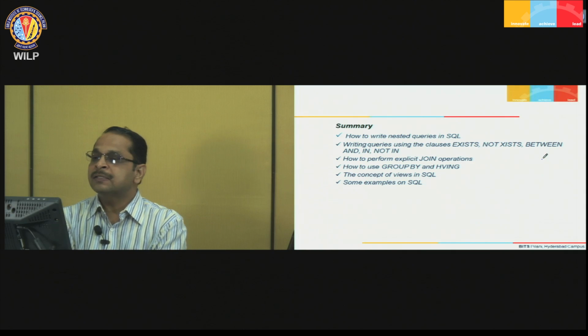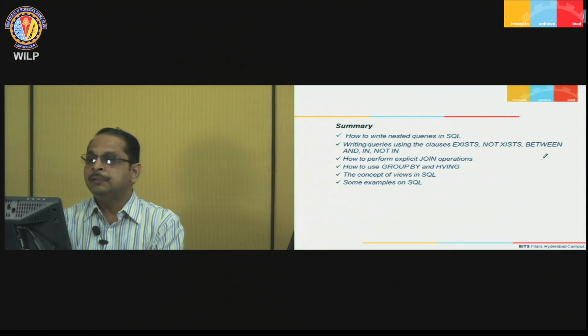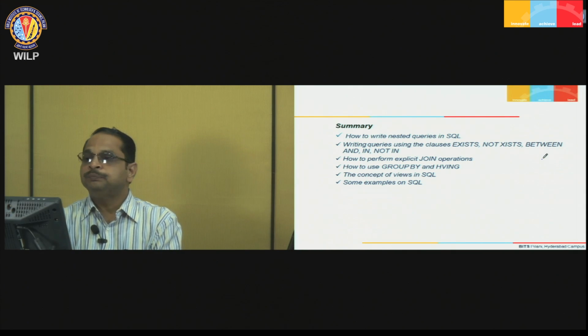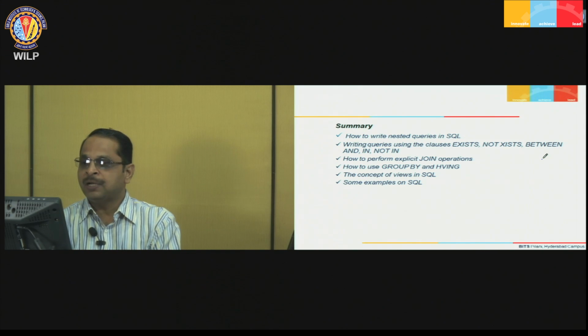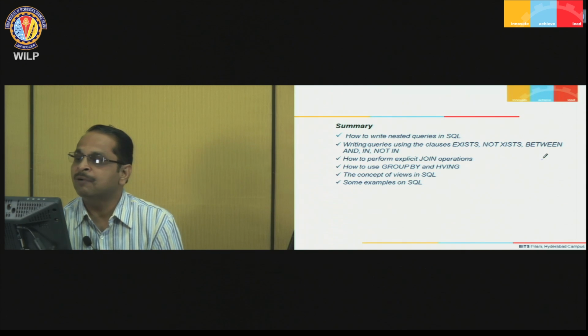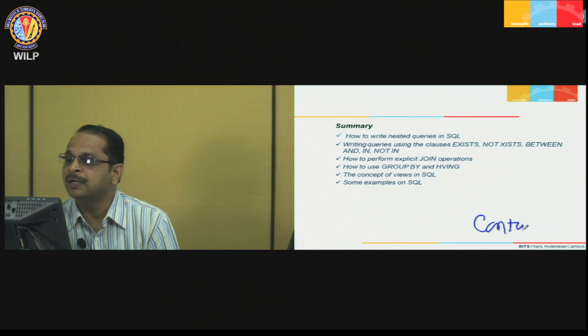Okay. In this session, we have covered how to write nested queries in SQL. What is the meaning of a correlated nested query? Writing queries using the clauses exists, not exists, between and in, not in, and of course we have also covered the keyword contains, and how to use it.